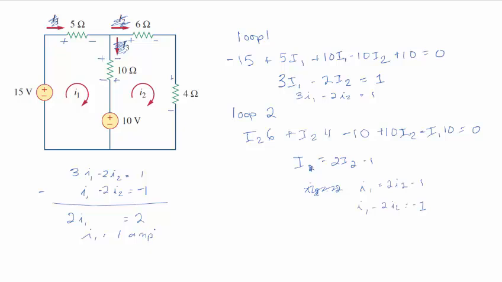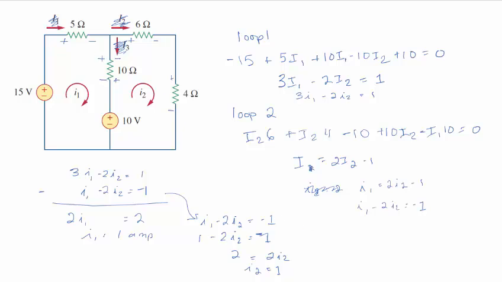And then, of course, I can go back and use the equation I1 minus 2I2 equals minus 1. You guys can do the math, I'm sure. So I2 also equals 1 amp.